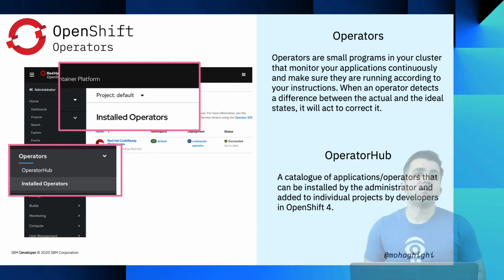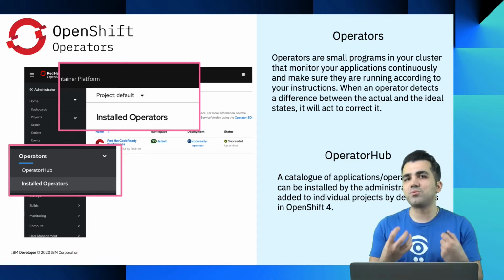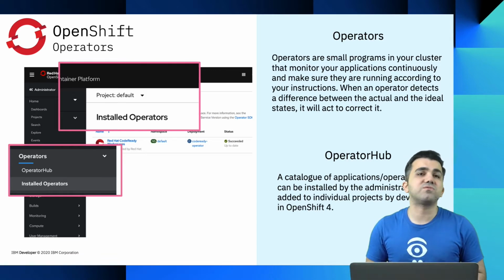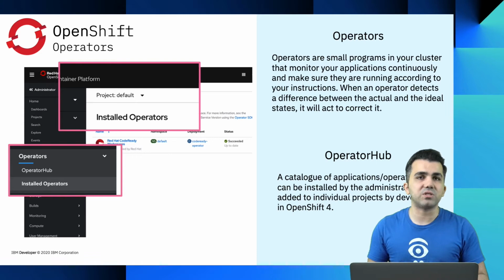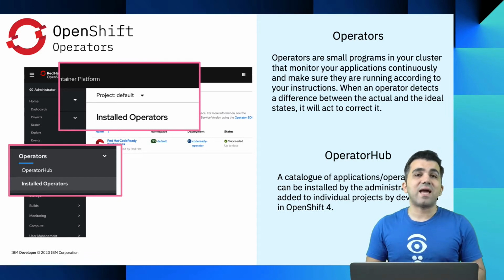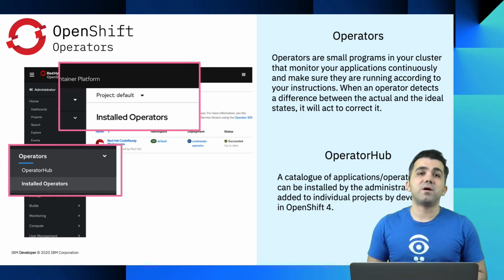As for the operator hub, operators are offered as pre-packaged modules from the operator hub. OpenShift 4 introduced the operator hub, and that is a catalog of applications that can be installed by the administrator and added to individual projects by developers.